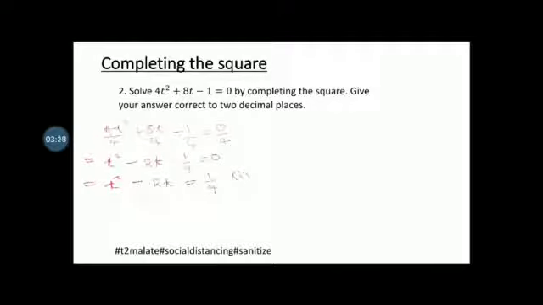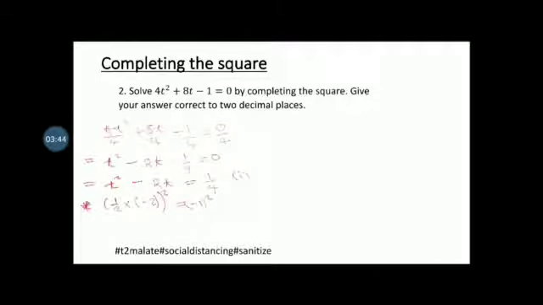So now we get that term which we're adding on both sides by getting half of the coefficient of t at this stage and squaring it. So we're going to have half of 2, then we square it. Half times 2 is 1, then we square 1.